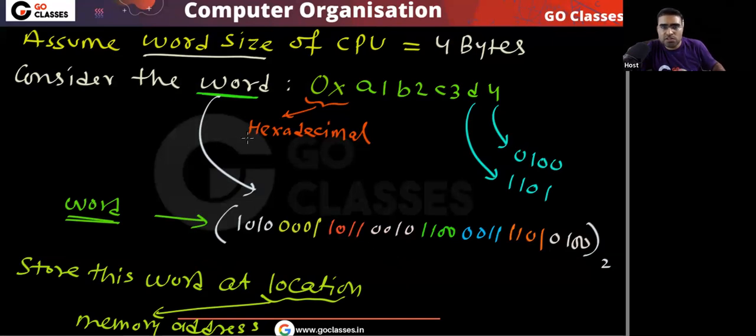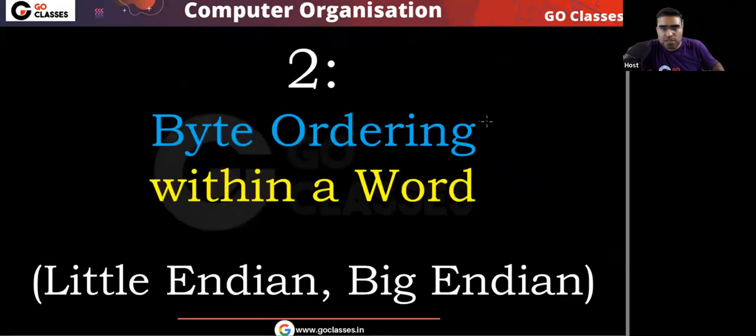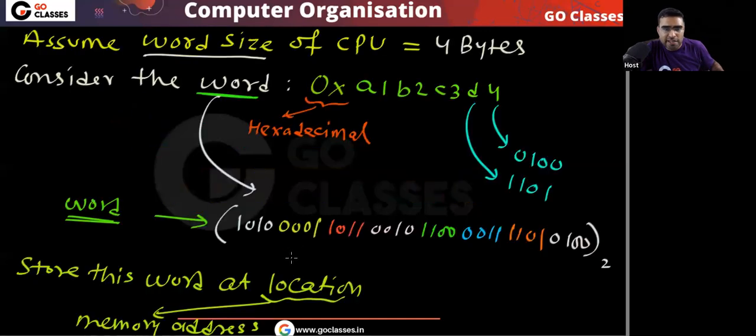Also, this byte ordering concept comes into picture when you have byte addressable memory. Yes or no? So remember, your memory is byte addressable, means at any memory address you will find 1 byte. For every byte we give 1 memory address.